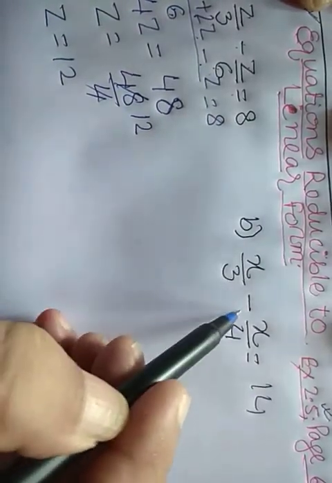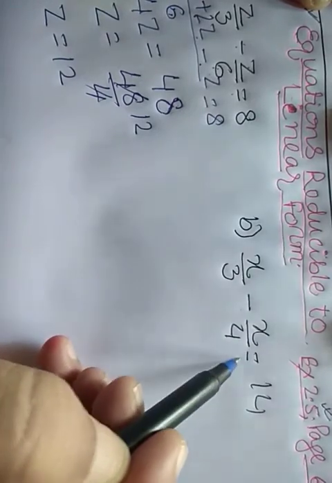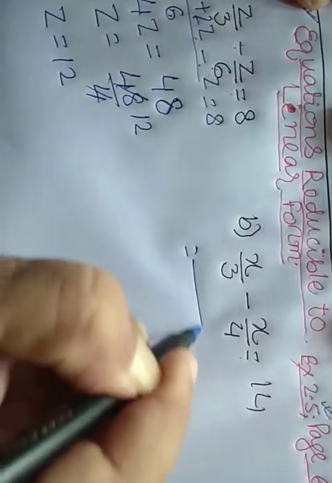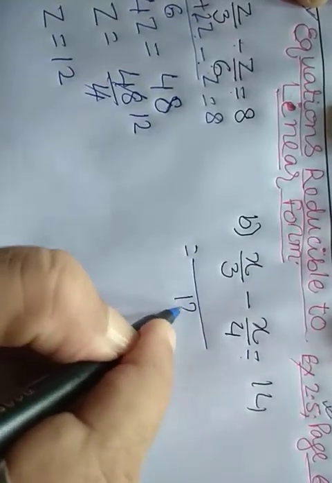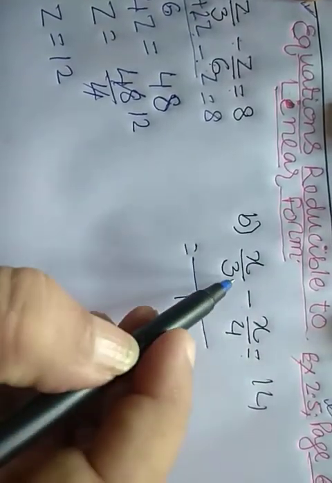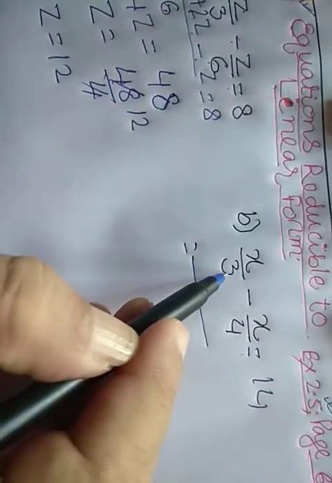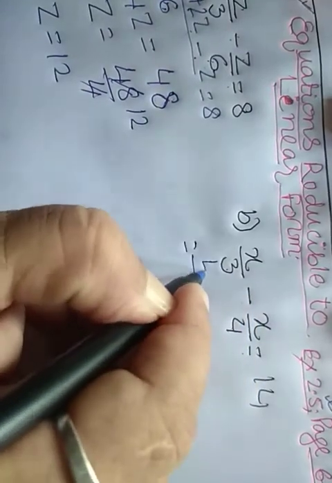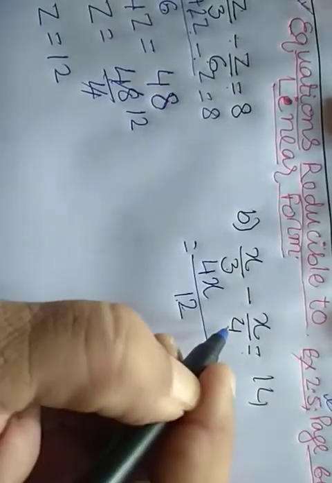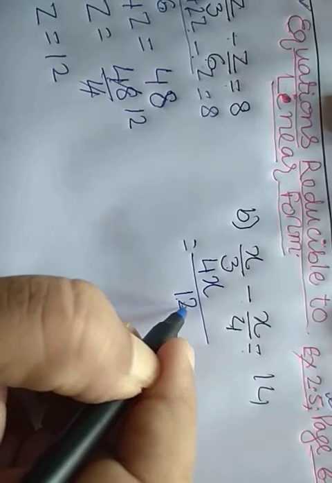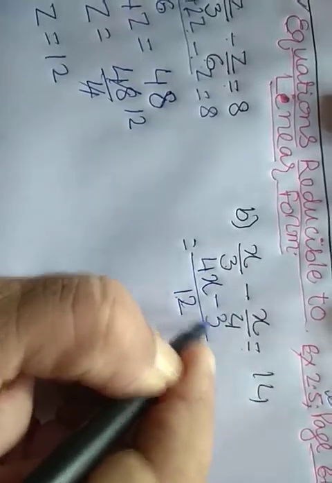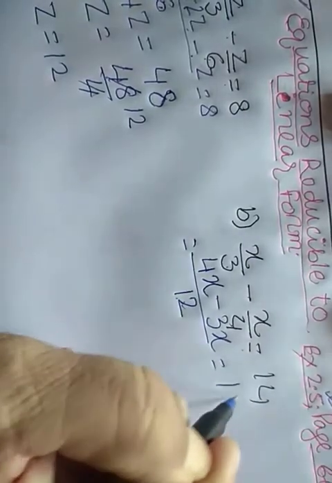What is the LCM for 3 and 4? 12. 3 4s are 12, and 4 into x is 4x. 4 3s are 12, and 3 into x is 3x. What is the sign here? Minus 3x is equal to 14.